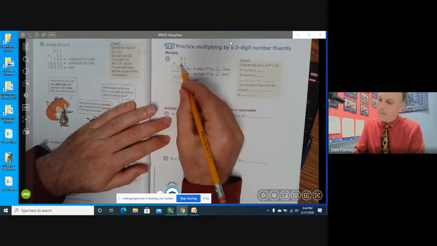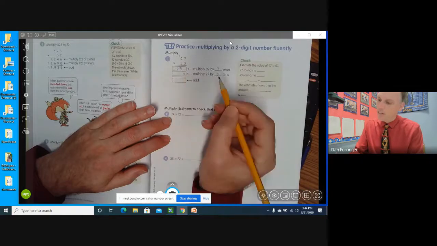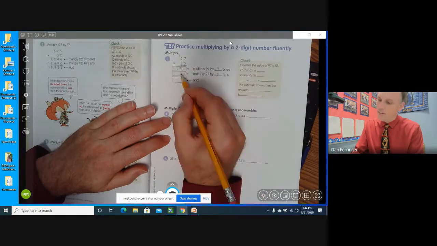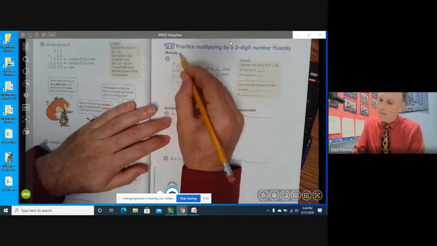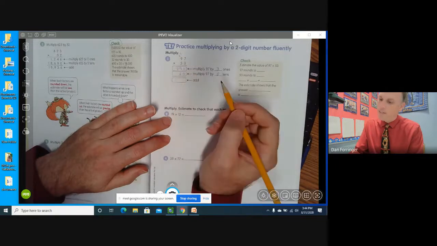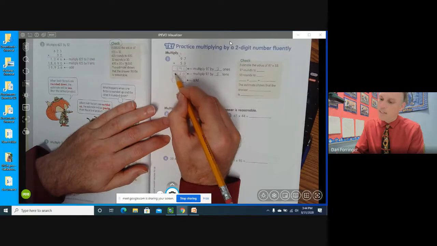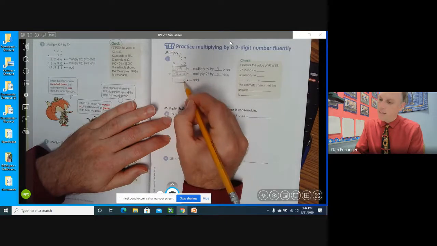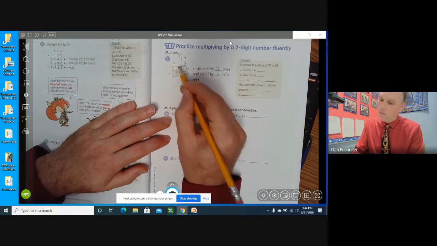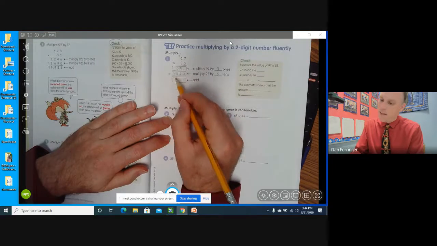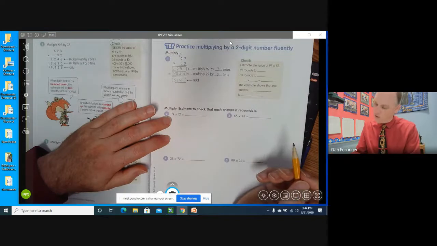Since it's 50, I'm going to put my 0 first. 5 times 7 is 35. 5 times 9 is 45, plus 3 is 48. Add those together, and what do I get? 5,141 as my total answer.